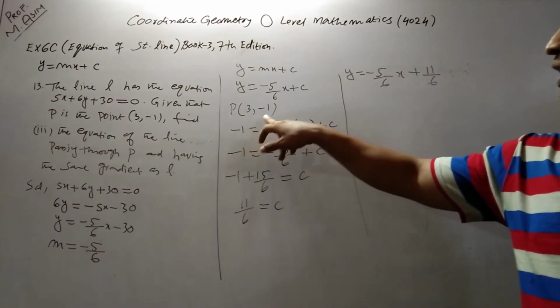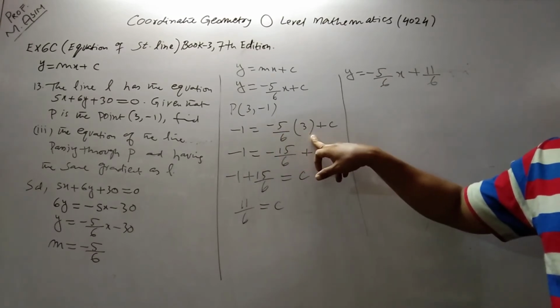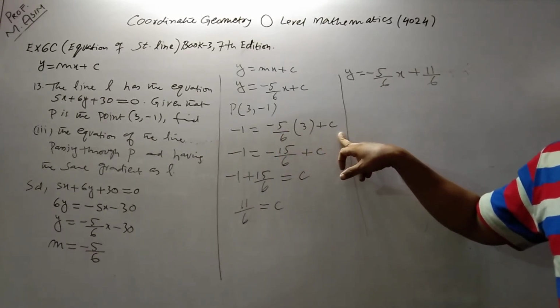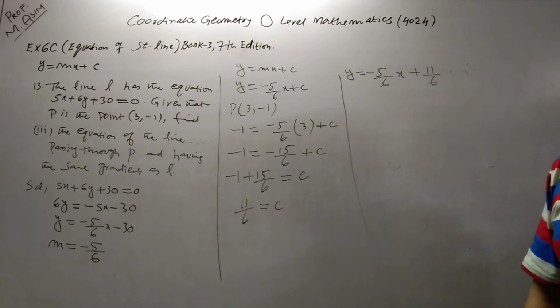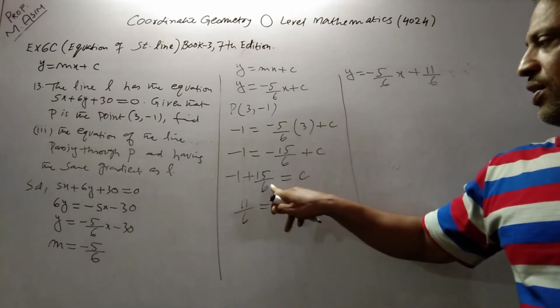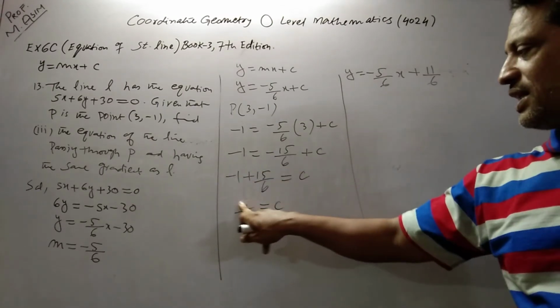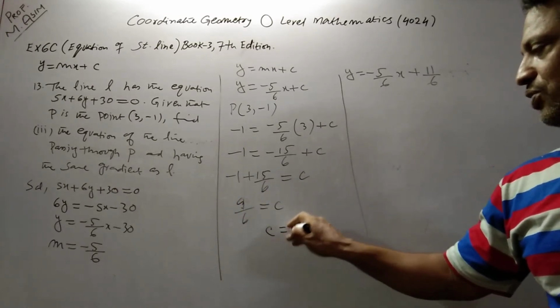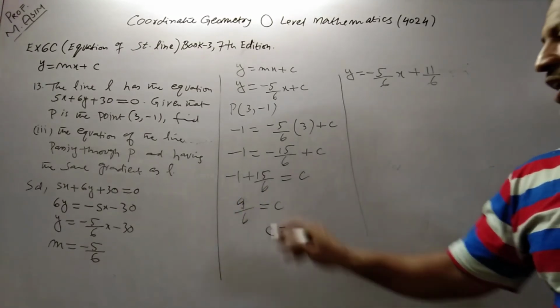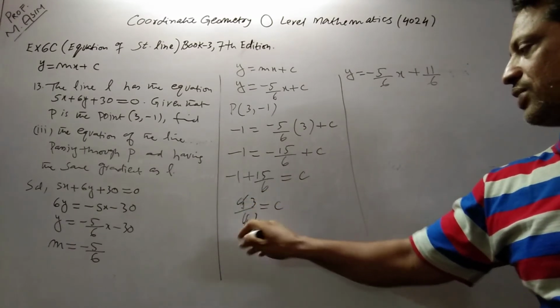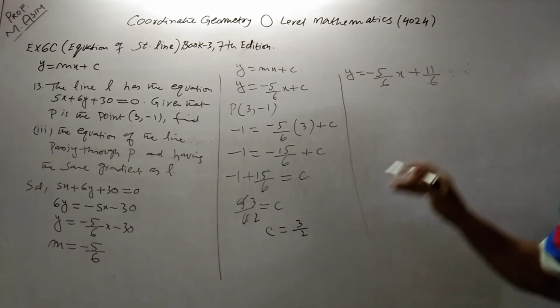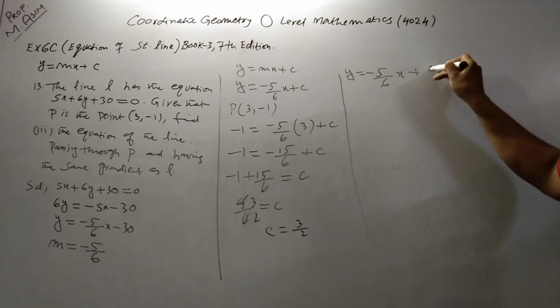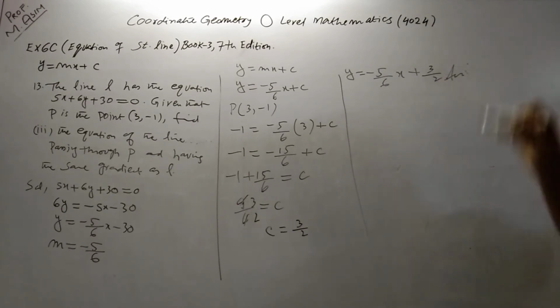Minus 1 is equal to minus 5 upon 6 into 3 plus c. 5 3s are 15. Sorry. 6 1s are 6, 15 minus 6 is 9. So 9 upon 6. And c is equal to 9 upon 6, which is what? If you cancel by 3, 3 3s are 9, 3 2s are 6. So the answer is 3 upon 2. This is our final answer.